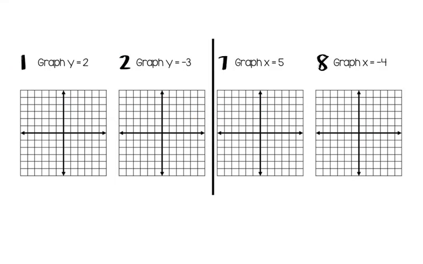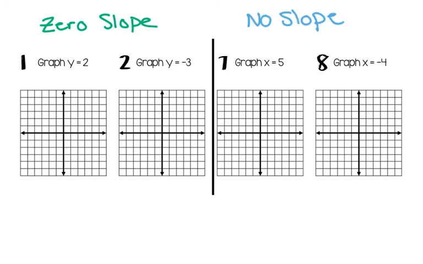Now let's take a look at some zero slope and no slope graphs. We already talked about what a zero slope would look like. That should be a horizontal line. And then no slope, or undefined, should look like a vertical line.